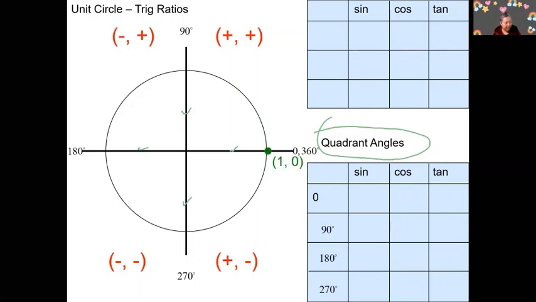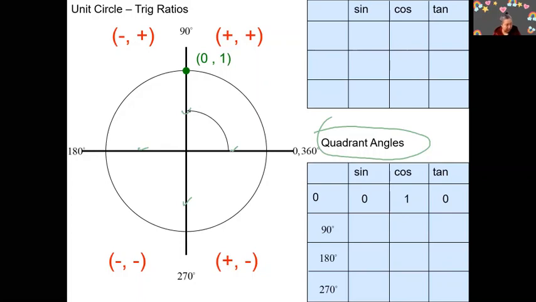when we have the 0 degree, then sine is 0 because there's no vertical height at all, right? And then the cosine, which is only the horizontal length, is 1. Then with that, the tangent is opposite over adjacent, which is 0 over 1, it's gonna make 0. Then what about the 90?